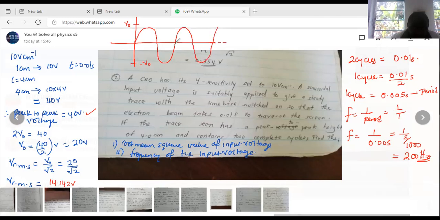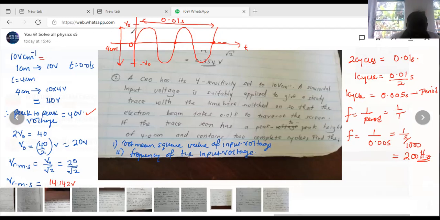For this very example, the first cycle is here, the second cycle is here. Because this is time t, it has taken a time from here up to here of 0.01 seconds. Now, because of this length, the peak-to-peak length was 4 centimeters, yet the PD produced at 10 volts per centimeter.